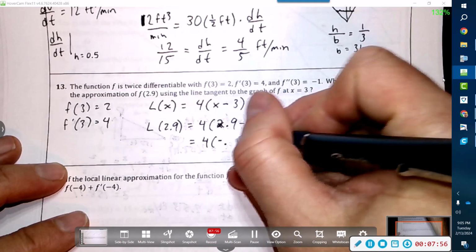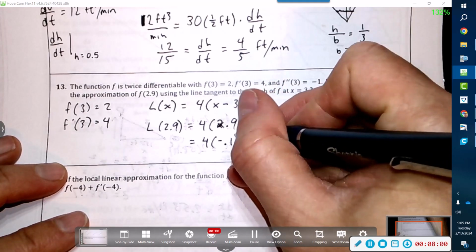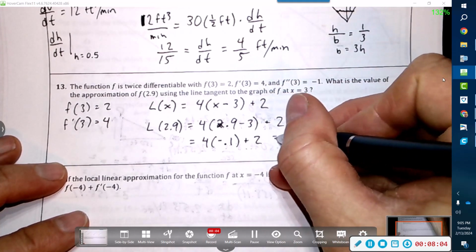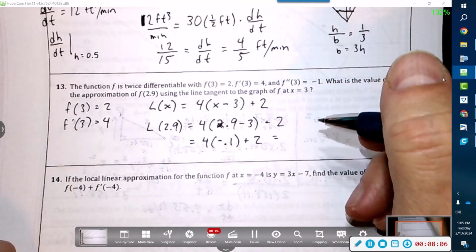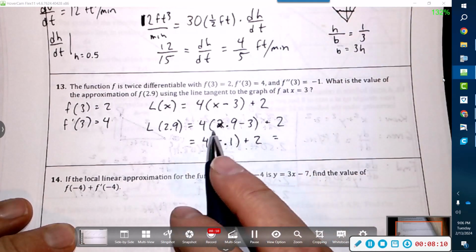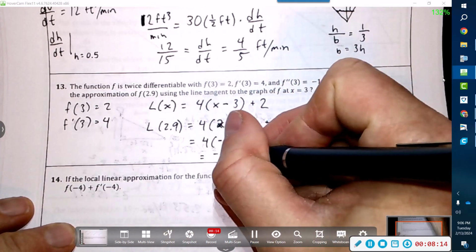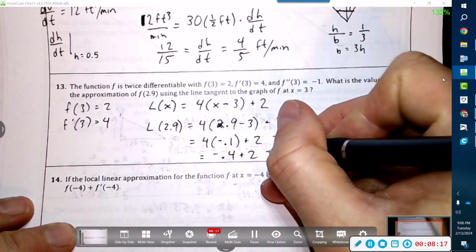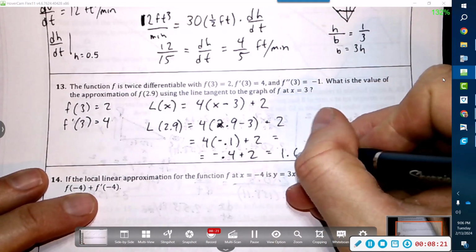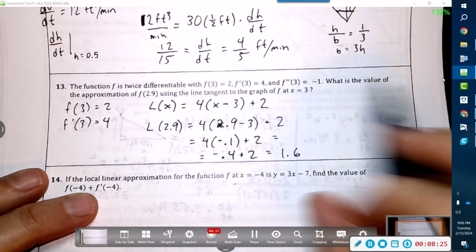So this would be negative 0.1 times the slope, negative 0.4, plus 2. And so that means we are going to go down a little bit. We're going to be at 1.6 as the estimate of this guy based on this information.